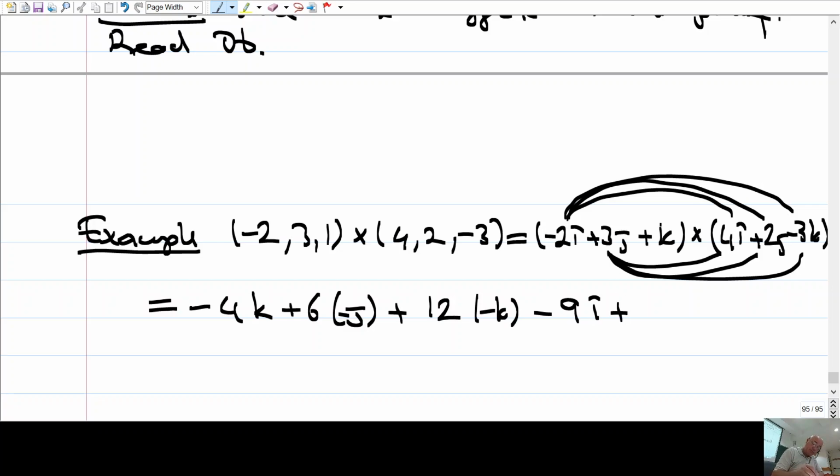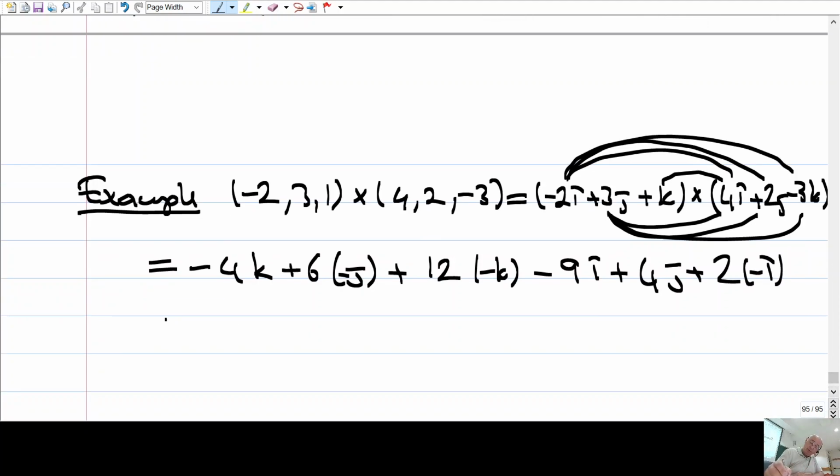and then I have this 4 k cross i is j, and 2 k cross j is minus i, k cross k is just 0. So we have what? What are the i terms?